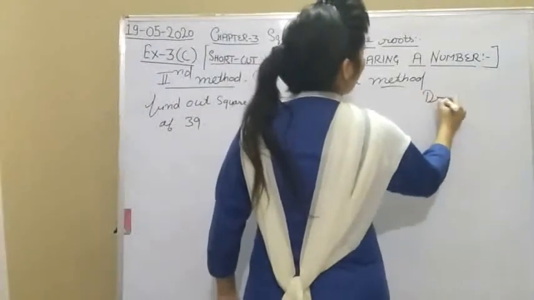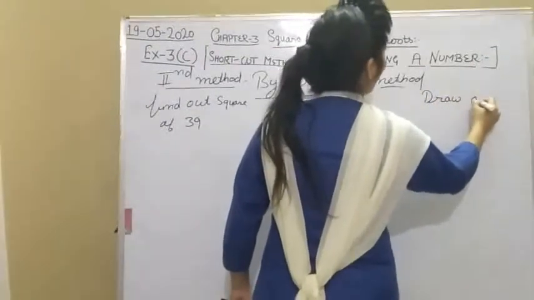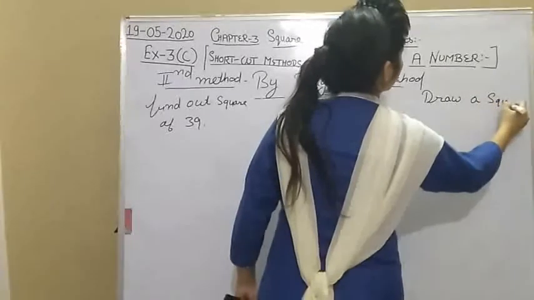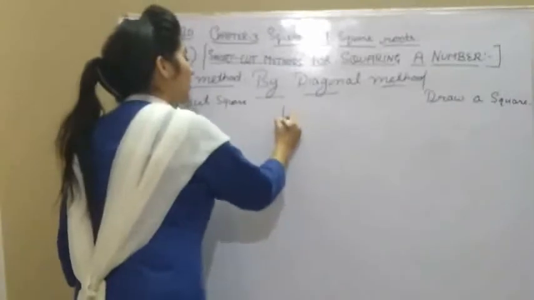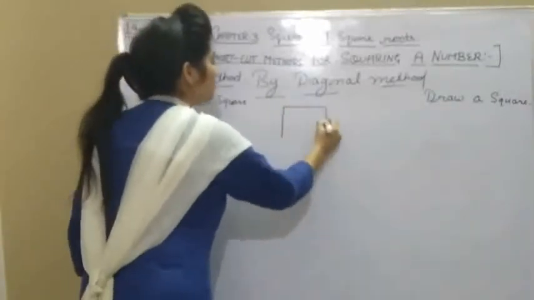So your first step is to draw a square. What will you draw first? We will draw a square.